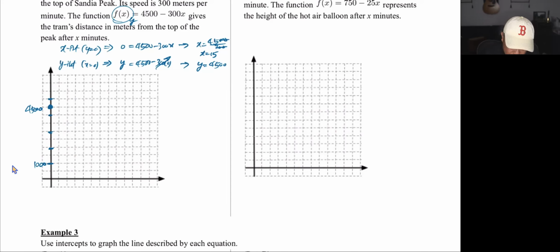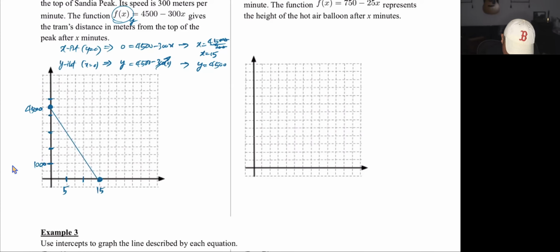Okay, so maybe this is 1, 2, 3, 4, 5, 10. That's not quite big enough, so 15. You know what, why don't we do it this way? That's 15 right here, so each one is 5. That looks reasonable, right? Let's connect those two.